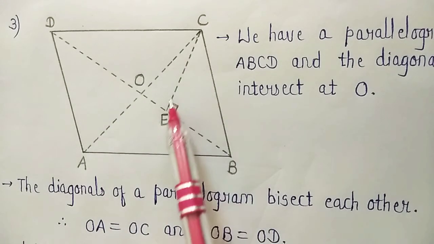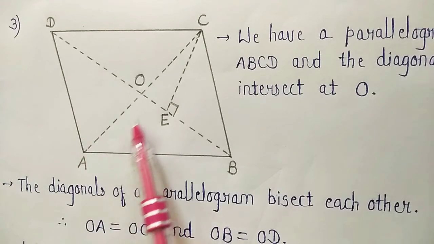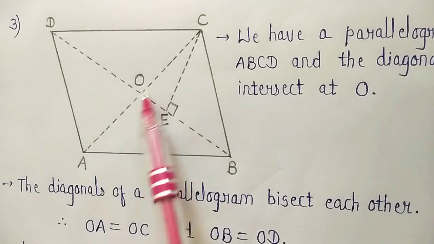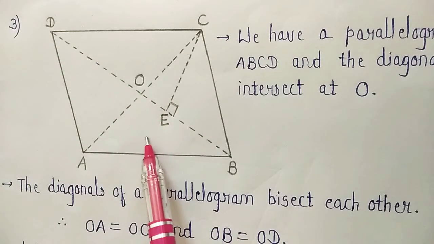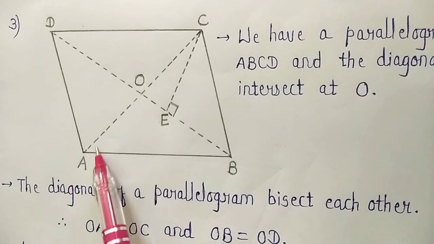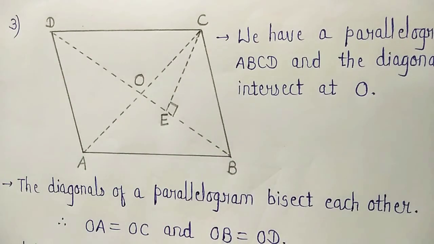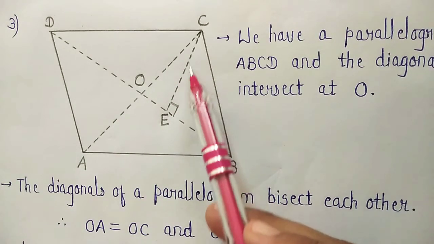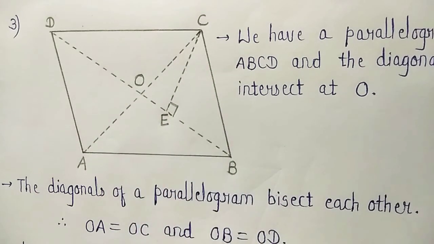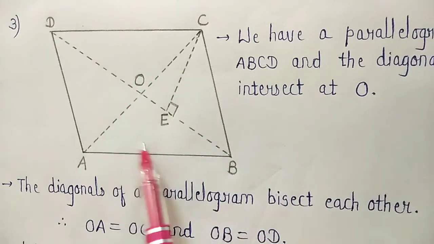Similarly, if we take this height CE for this triangle, from AE we draw, then we can prove that area of triangle AOD is equal to area of triangle AOB, and similarly we can prove area of AOB is equal to area of BOC, which means by taking this height CE in all 4 triangles, we can prove that the areas of these triangles are equal.